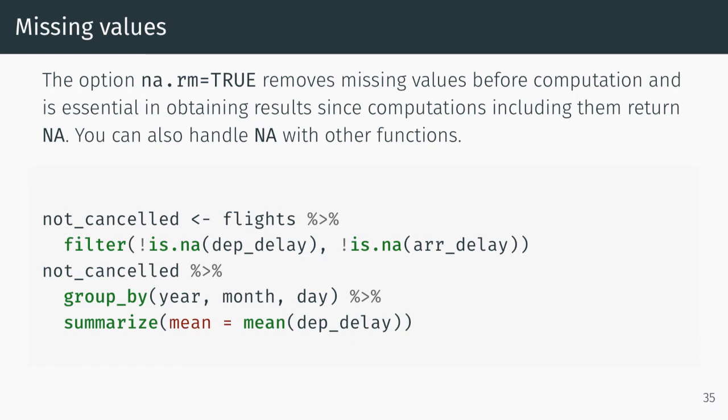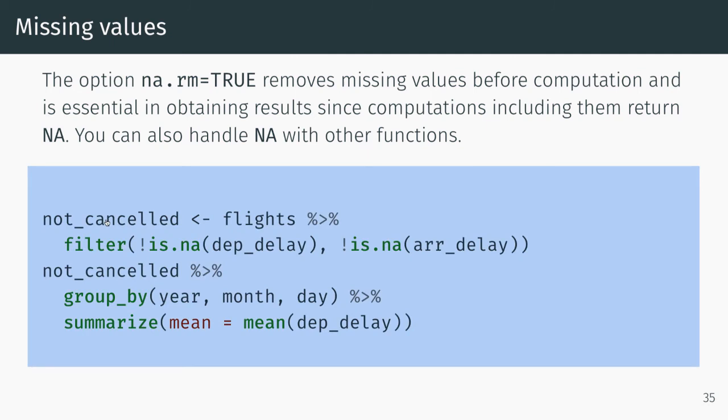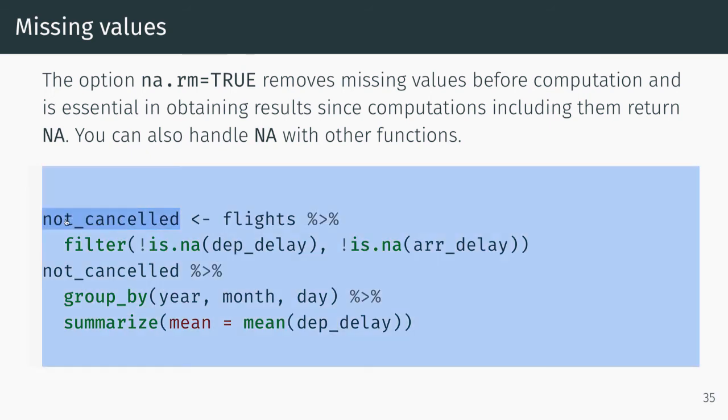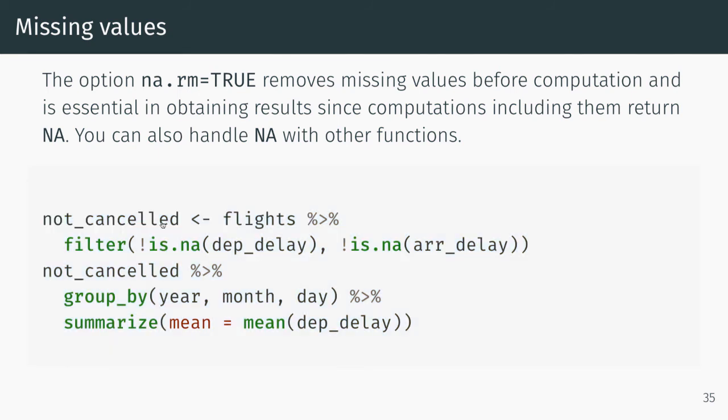Missing values. We're going to use this over and over again. I just want to highlight not canceled there, because we're going to use this not canceled over and over again. We're taking flights and filtering out the canceled flights.